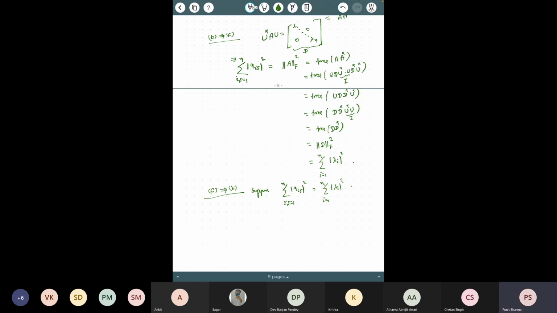We have to show, what is our claim? The claim is to show that A is unitarily diagonalizable.